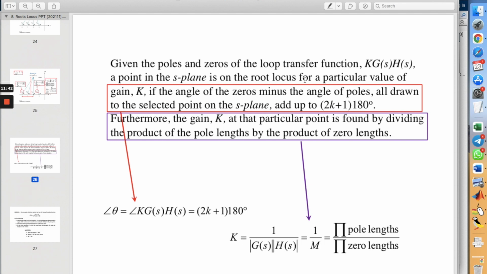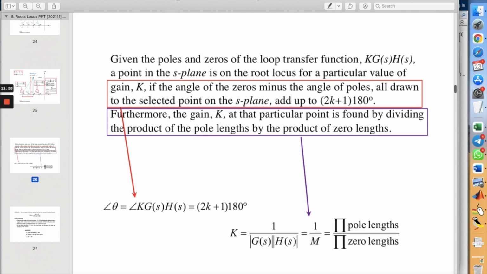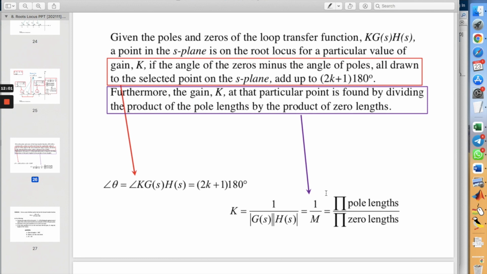This is what we have done just now. Furthermore, the gain K at that particular point is found by dividing the product of the pole lengths by the product of the zero lengths. We also did this in the previous slides.